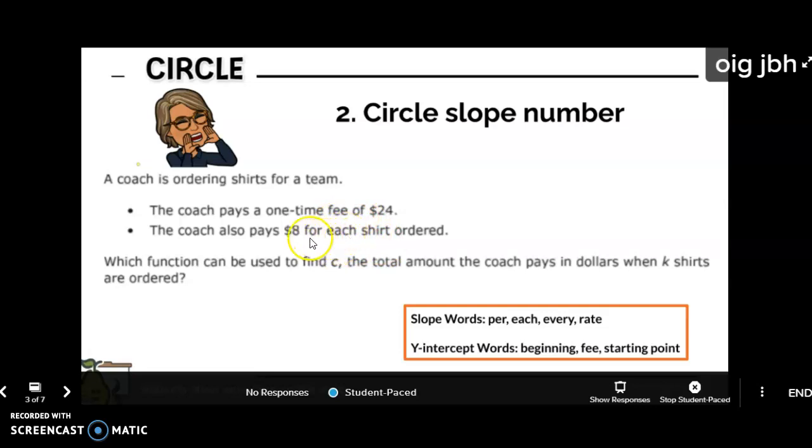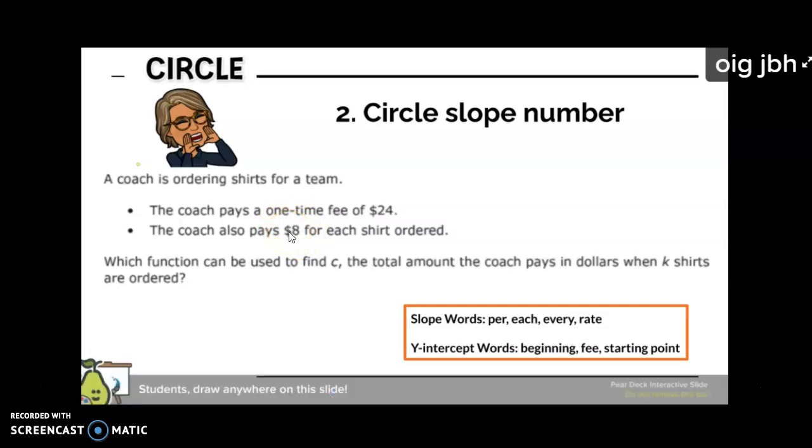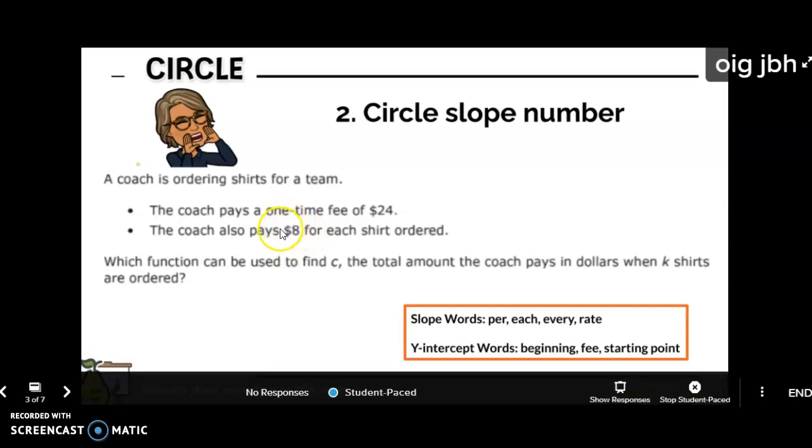Circling the slope number, if you notice, this 8 right here is on the left side of your X. So once we find that slope word, we look to the left or to the right of the X for the number that goes with it. So we should be circling the 8. That's step 2. So we did step 1 and step 2 on this slide.